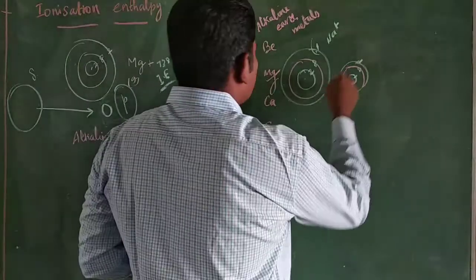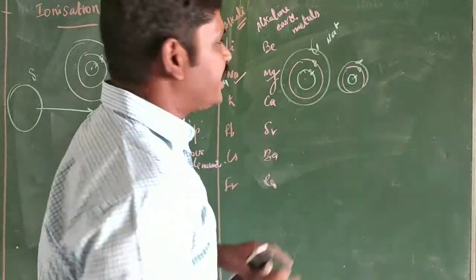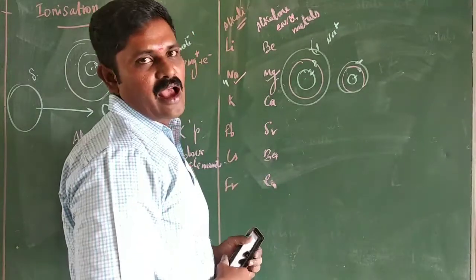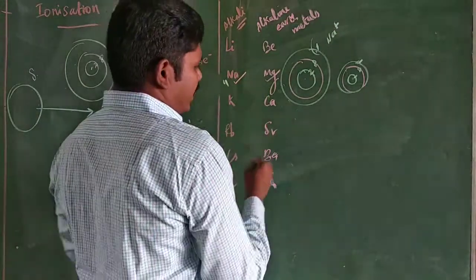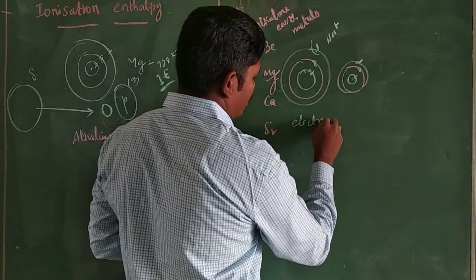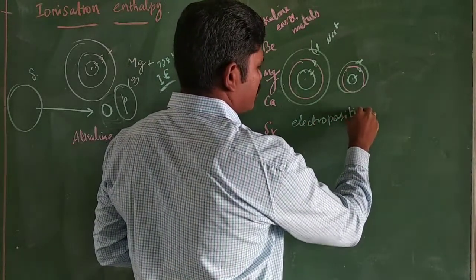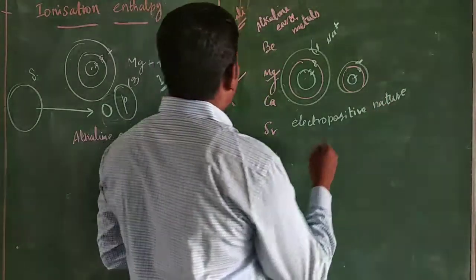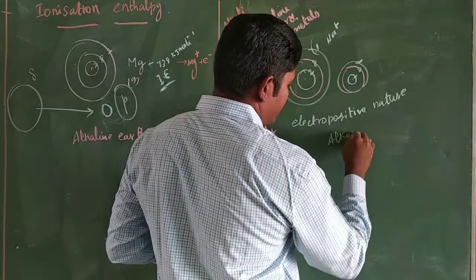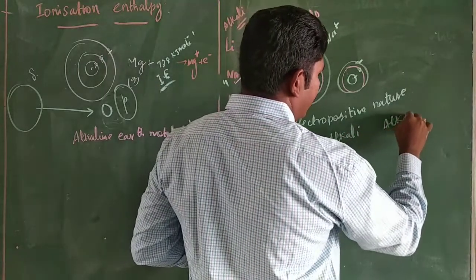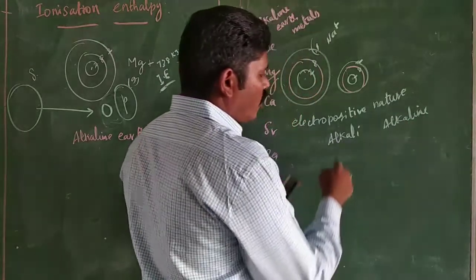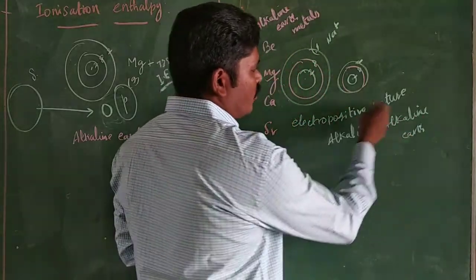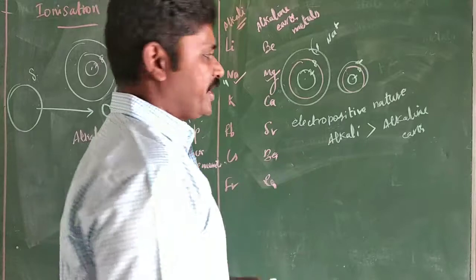So the ionization enthalpy of alkaline earth metals is higher than alkali metals, but in electropositive nature, alkali metals are higher than alkaline earth metals.